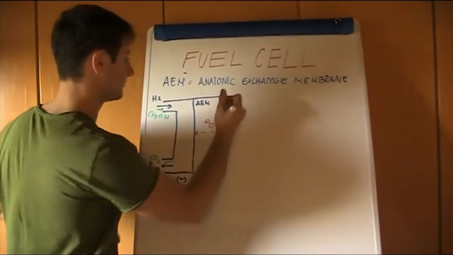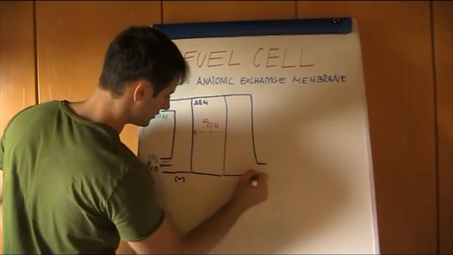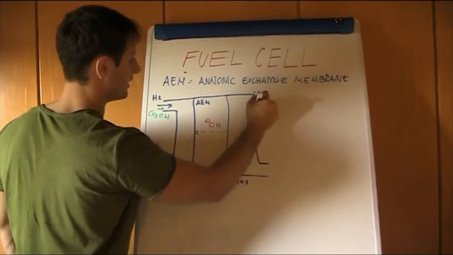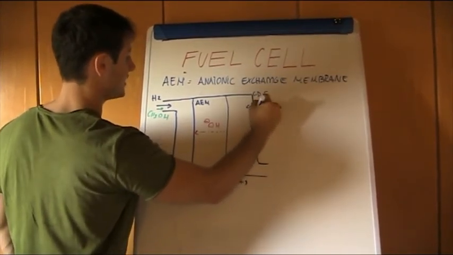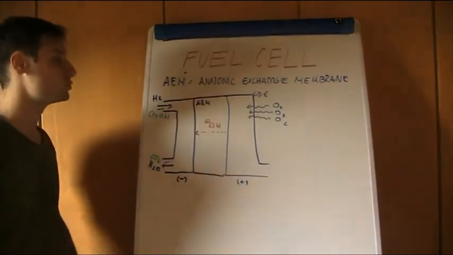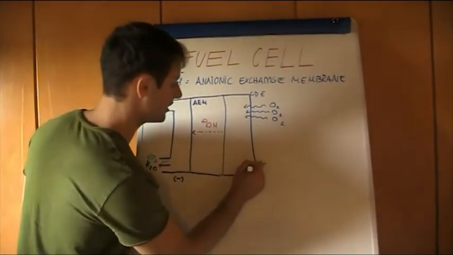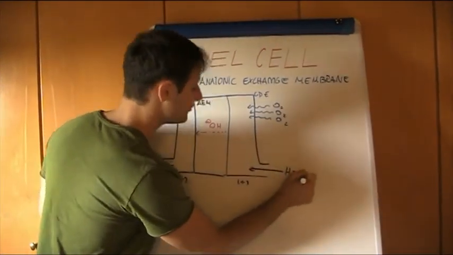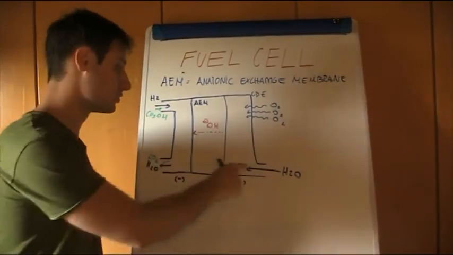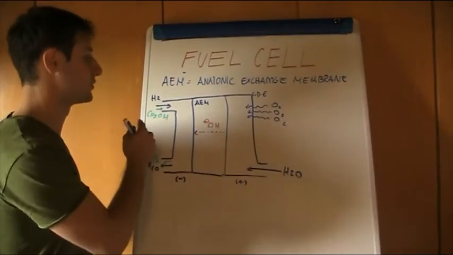And we have here the well-known positive electrode, a gas diffusion electrode, able to take oxygen from the atmosphere. But what is interesting in this case is that together with oxygen, water is also introduced. And at the same time, we have water released as a product of the oxidation.